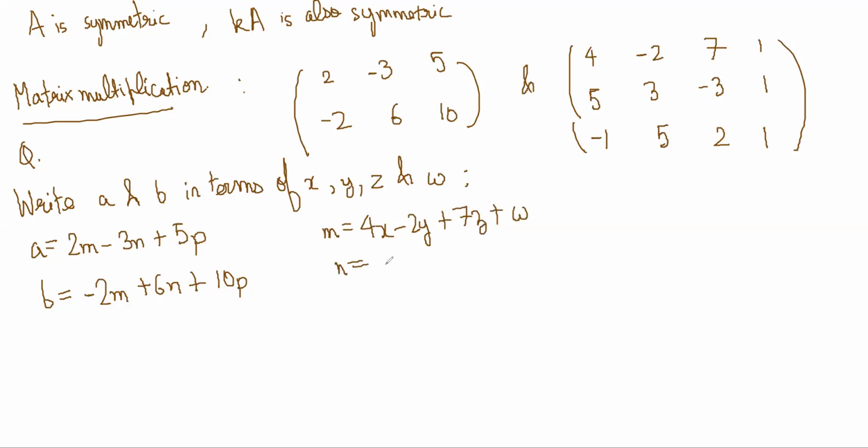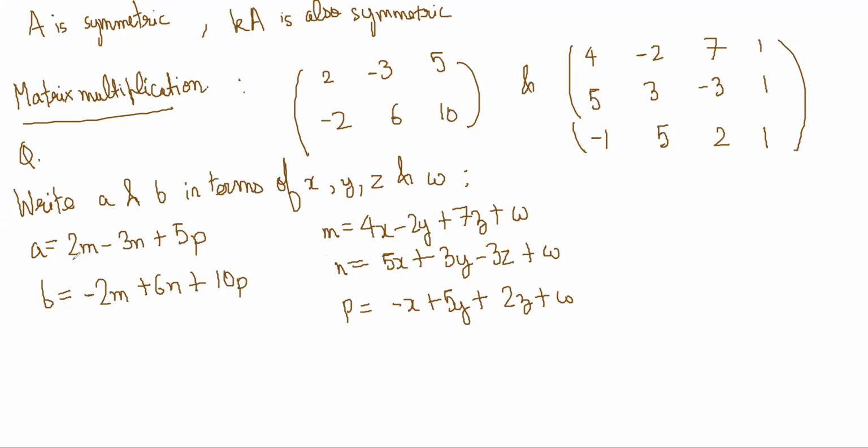N is equal to 5x plus 3y minus 3z plus w, and p is equal to minus x plus 5y plus 2z plus w.